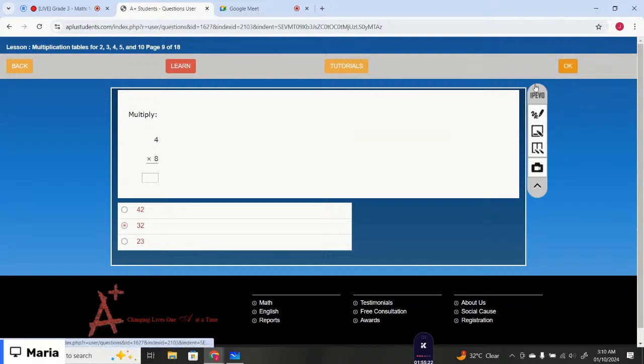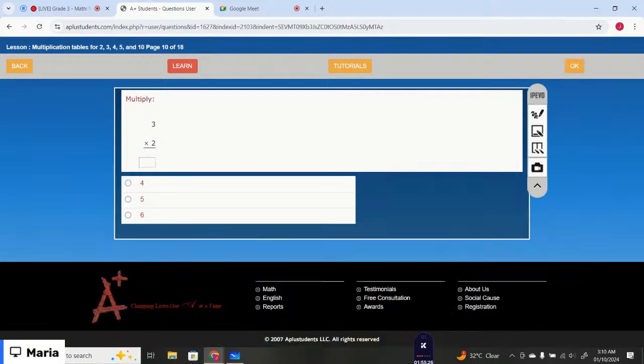It is option number 2 is the correct option. 4 times 8 is 32. 3 times 2, which is the correct option? That is 3 times 2 is 6, so the correct option is 6.